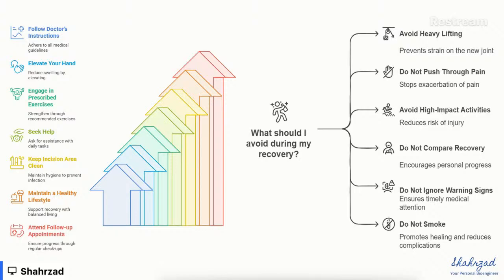Do not compare your recovery. This is a big one. As I highlighted several times today, it's not a one size fits all situation. You need to encourage personal progress. Do not ignore warning signs and do not smoke. This will promote healing and reduce complications.